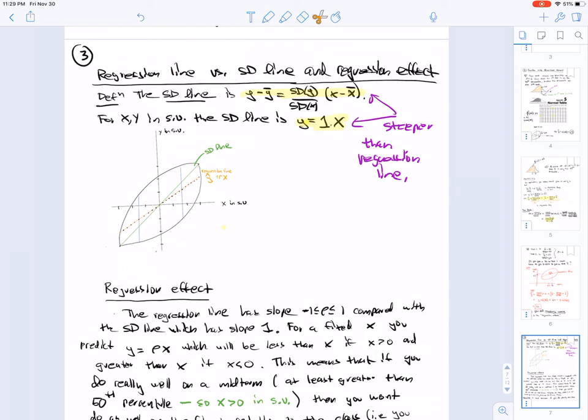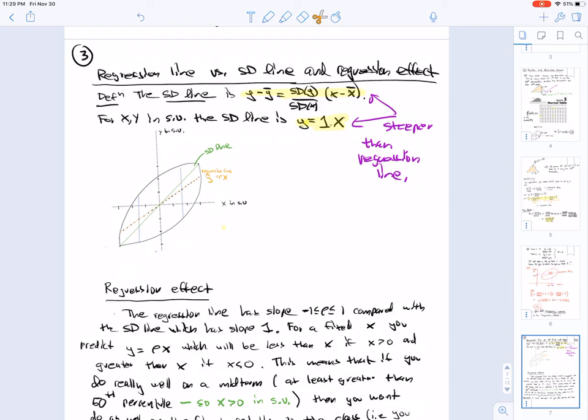So notice that it is steeper than the slope of the regression line, which remember was sdy over sdx times rho.